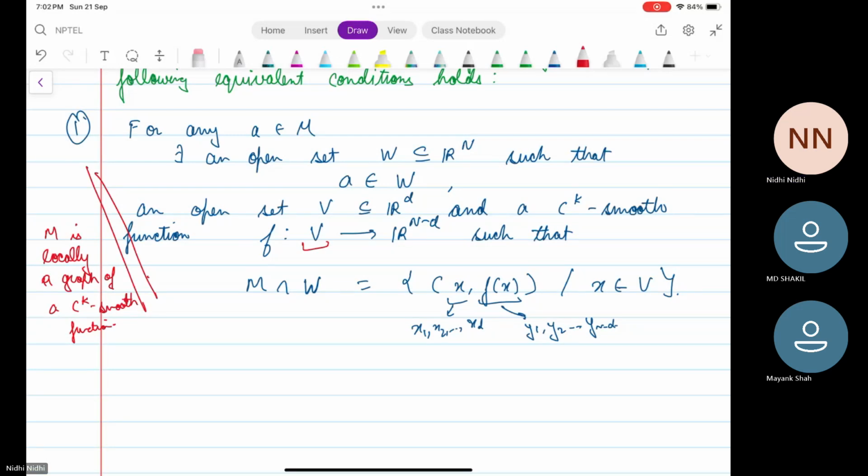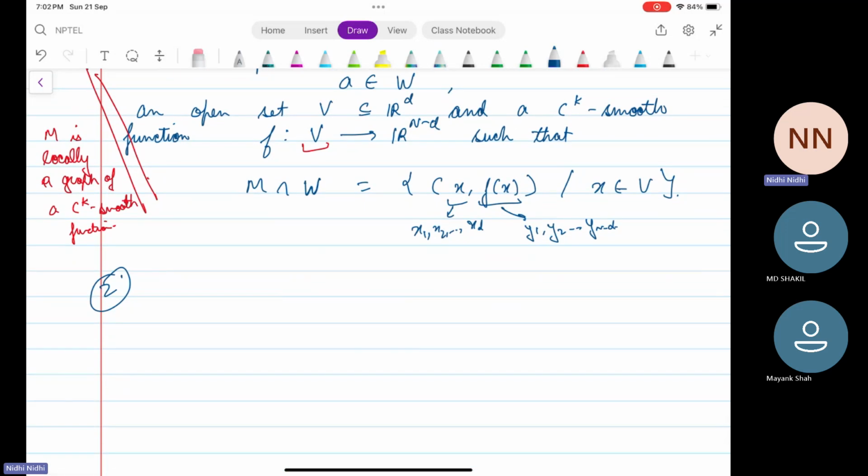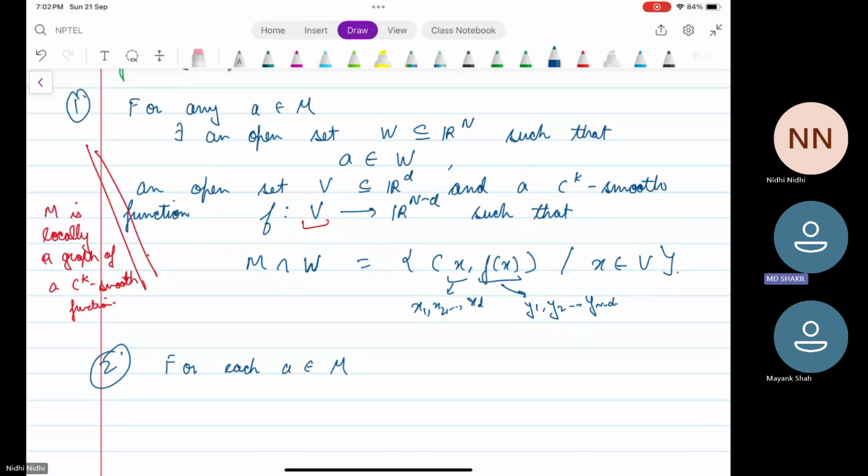Next we have another equivalent definition. Two, for each A in M, and this x is from V, a subset of Rd.